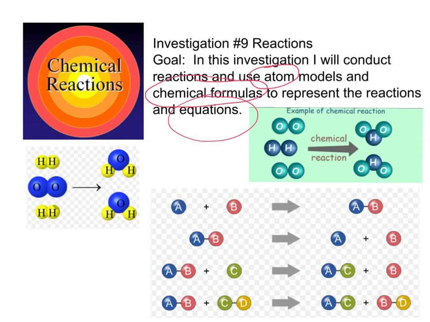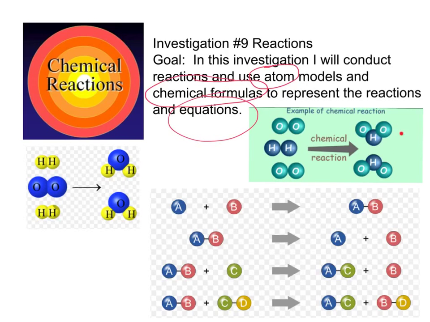So we have what we call reactants and products. So just like in math, when you multiply 2 numbers and you get a product, it's sort of similar when we're talking about chemistry.